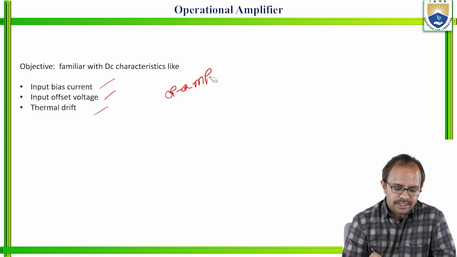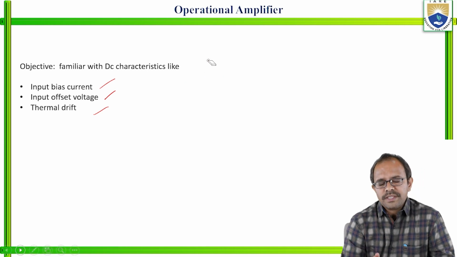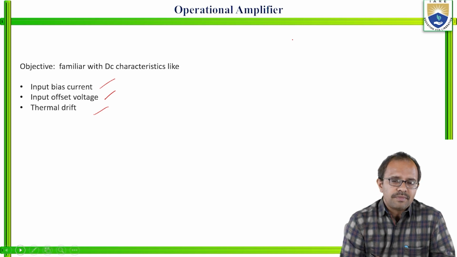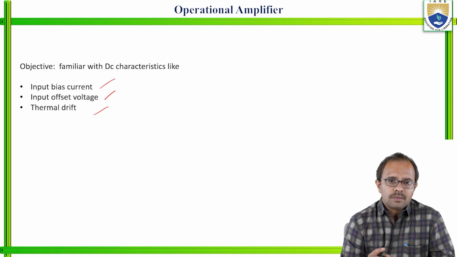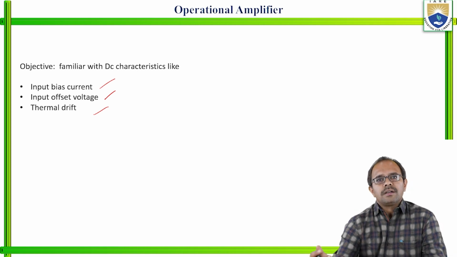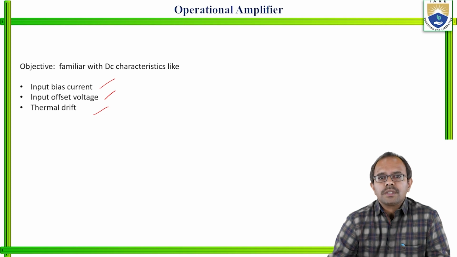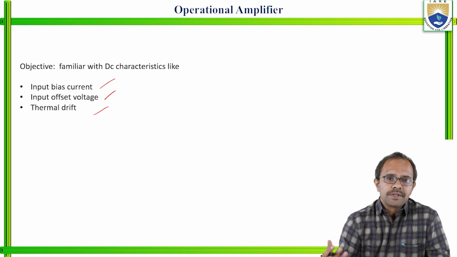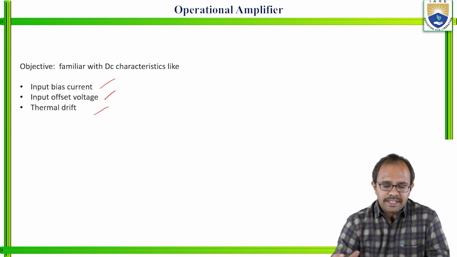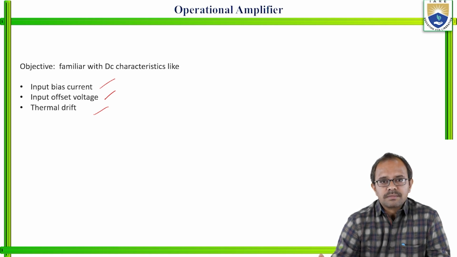So in the previous lecture, if you remember, we had a discussion on AC characteristics of operational amplifier. What are the AC characteristics? We input the sinusoidal wave, and see the nature of the operational amplifier. The most important parameter is the frequency response. So why do we discuss the frequency response in op-amp?